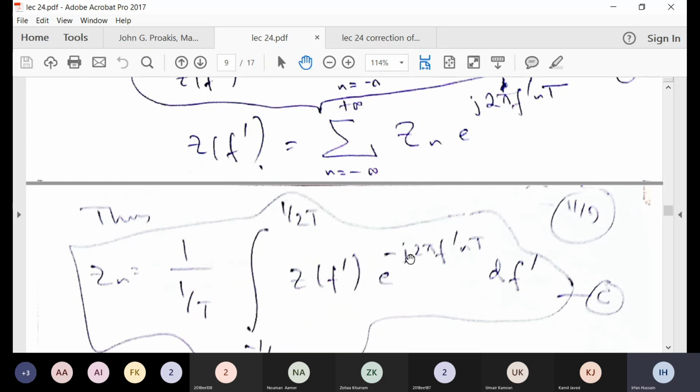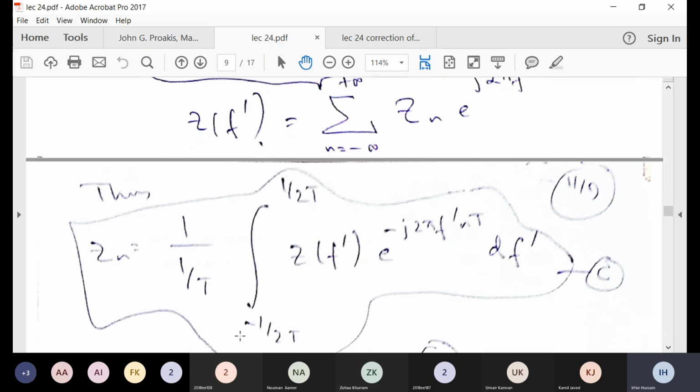So Z_n will be equal to 1 over the periodicity, or the time period where it is periodic, which is 1 over T in frequency. This is the interval, because 1 over T is the interval, so we will be integrating from minus 1 over 2T to 1 over 2T. Z(f) is the signal in frequency, e^(minus j2 pi f nT), and we will be integrating in df.